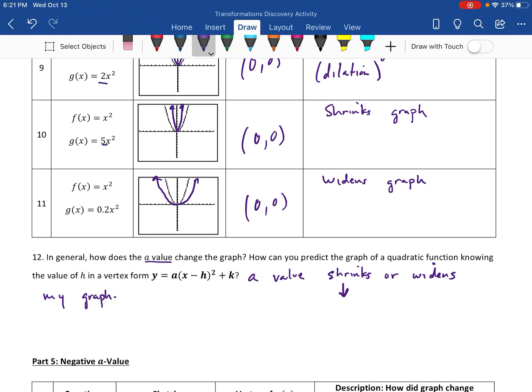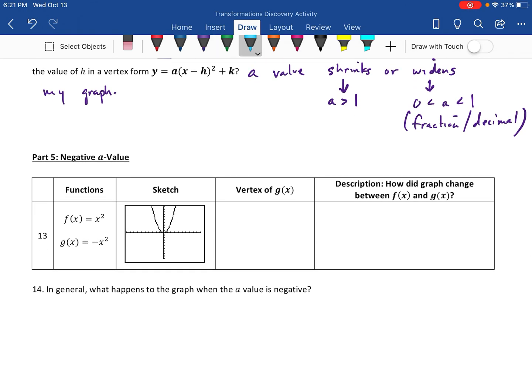If you notice, I have 2 and 5. They're whole numbers, but they're bigger than 1. When a is greater than 1, it shrinks. And it will widen when it's between 0 and 1. So you're looking for a fraction here, or a decimal that's smaller than 1. When that happens, you will get a wider graph.